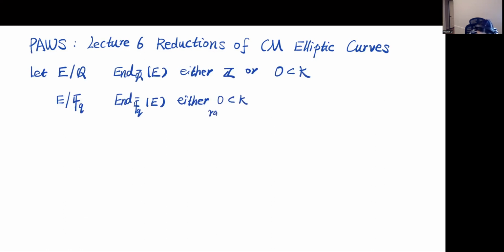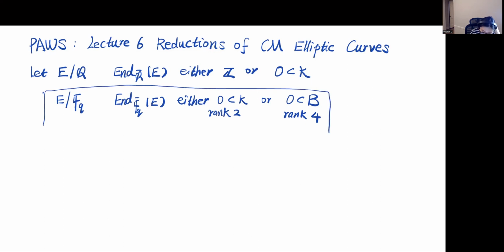So this is a rank 2 Z-module, or it is an order in a quaternion algebra, which is a rank 4 Z-module. So today we will first give more details on the second case, namely discuss the endomorphism ring of an elliptic curve defined over a finite field.